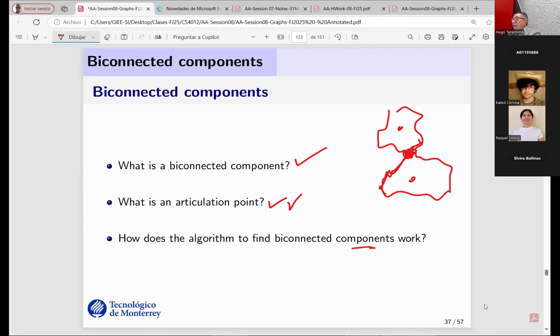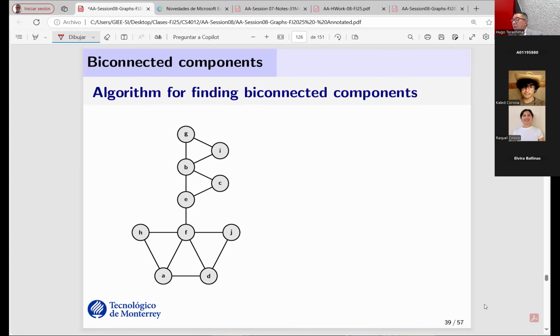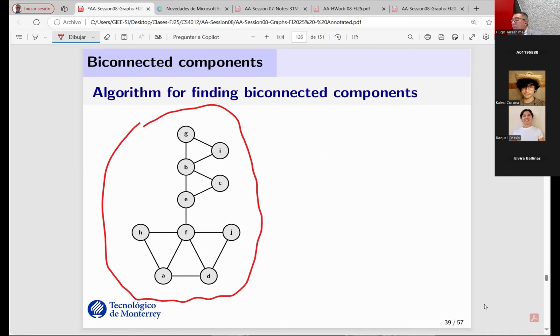And how does this algorithm work? Well, this is what we are going to explore in the next slides. All right. So let me just show you the example. For example, you have the whole graph here, right? And you are trying to find the bi-connected components of a graph like this.